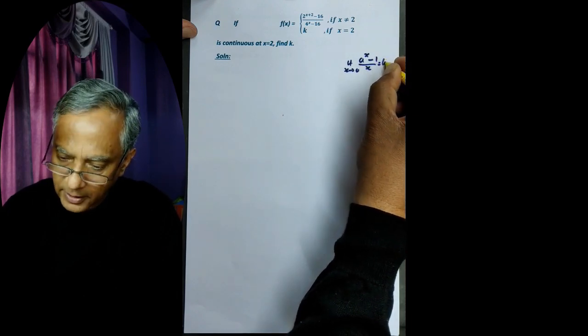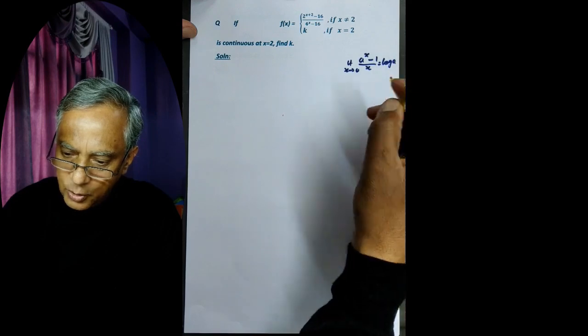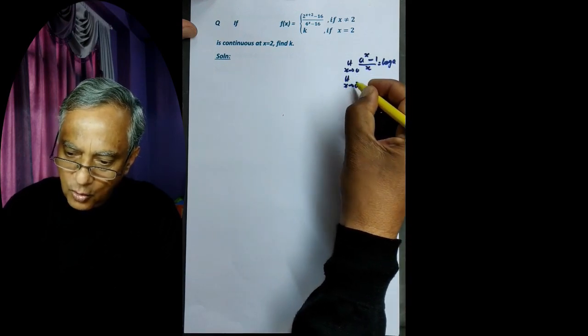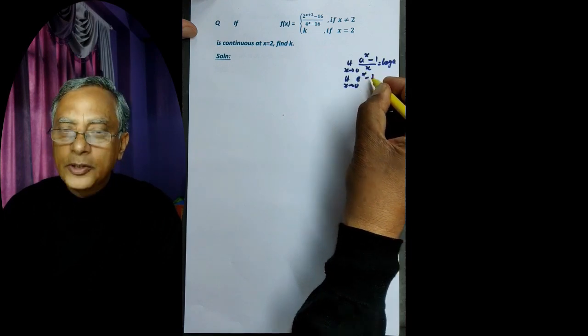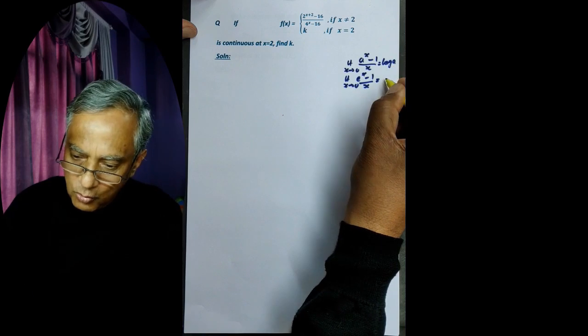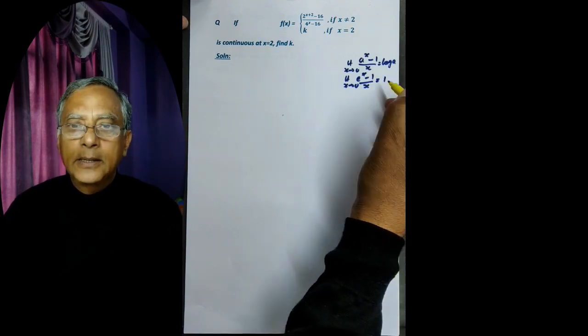And a connected formula to this is limit x approaches 0, e to the power of x minus 1 over x is log of e, log e is 1. So this formula will be used in this question.